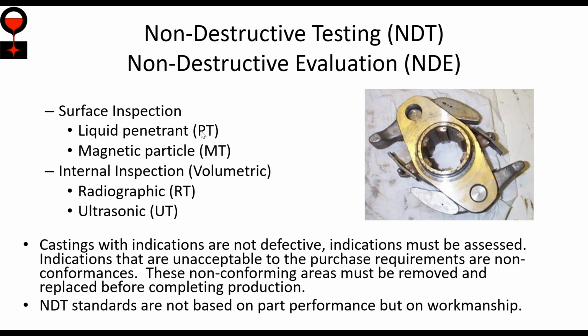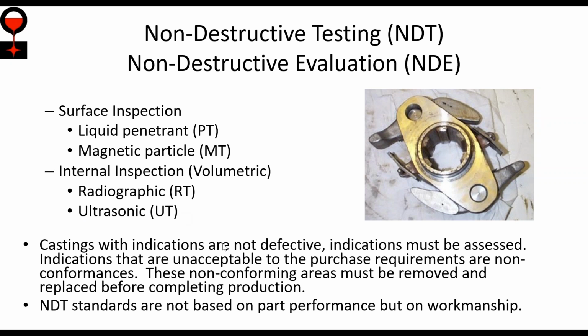You can use liquid penetrant testing, PT, or magnetic particle testing, MT. Typically most steels are alloyed steels that can be magnetized, and so the most common surface inspection is magnetic particle testing. For internal inspection, we typically have done radiography, especially on first article, but for critical components and thick sections, we'll use ultrasonic testing.